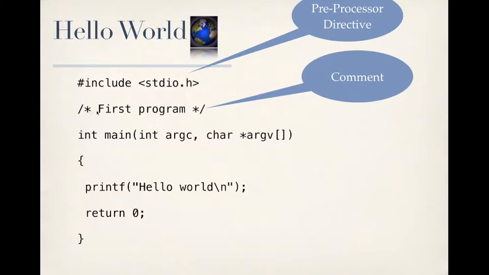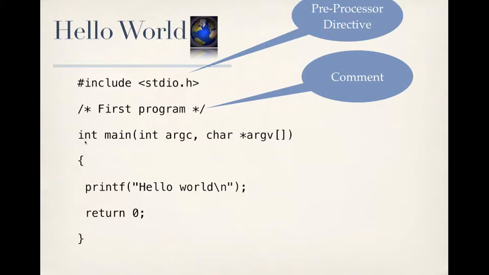Well, it's not so easy, because this // line comment is not available in certain early standards of C, but we can rely on this.